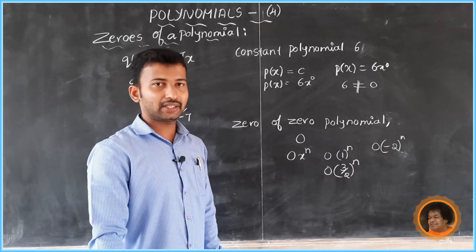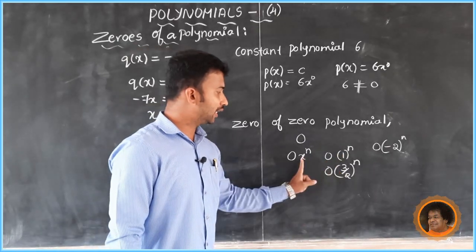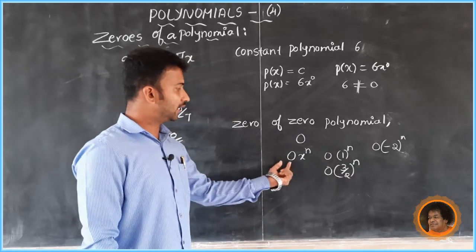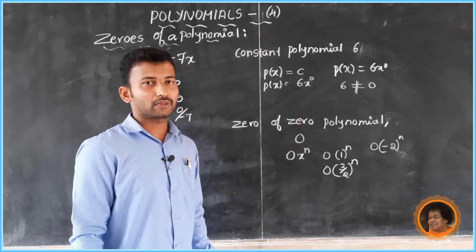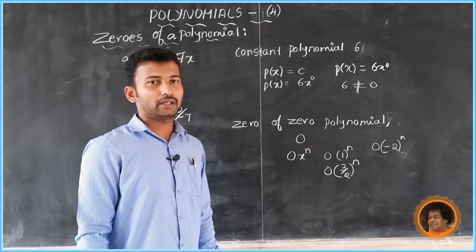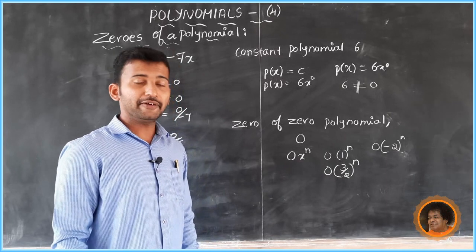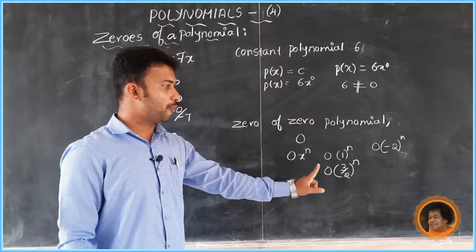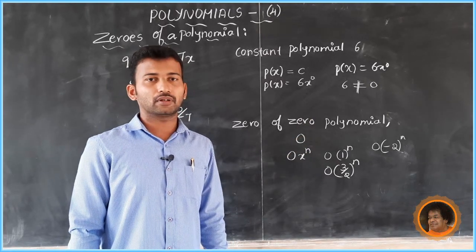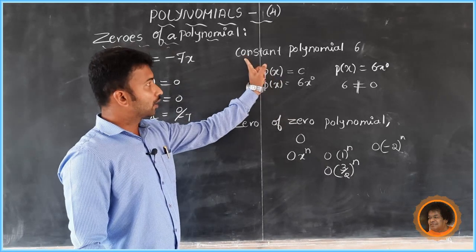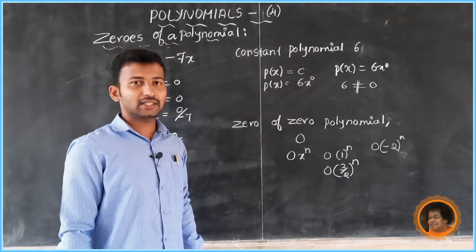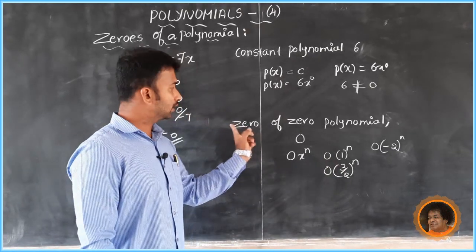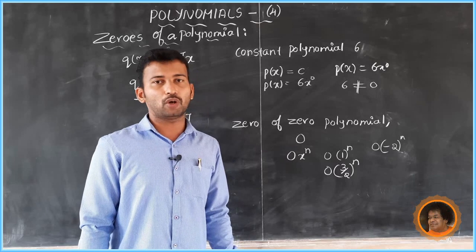Whatever we take in place of x, we get 0 into x power n, or 0. It means every real number is a zero of the zero polynomial. So, the constant polynomial 6 has no zero, and every real number is called a zero of the zero polynomial.